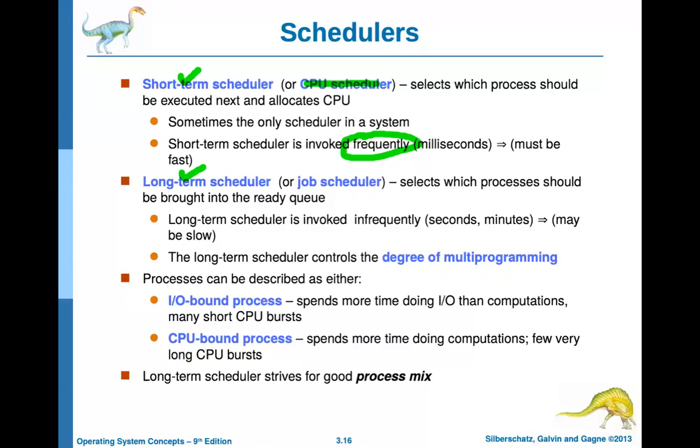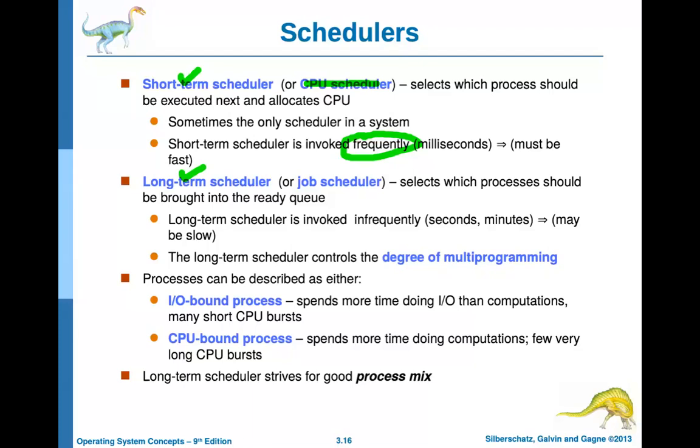That is the reason the implementation of the short-term scheduler must be fast. It must be quick, maybe a fraction of a millisecond also. So there are two requirements. Why short term?